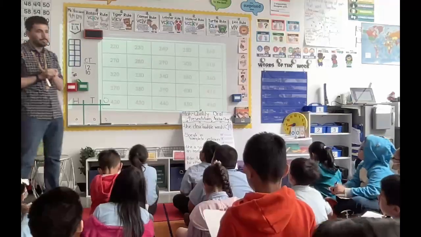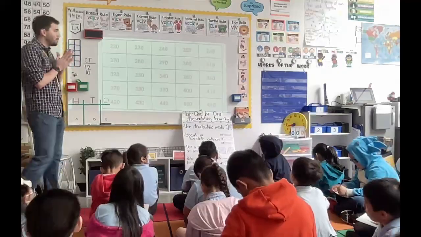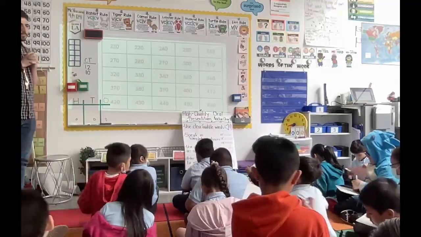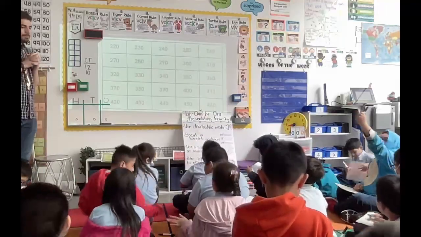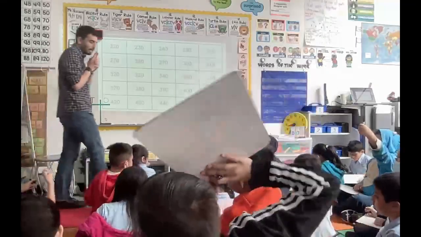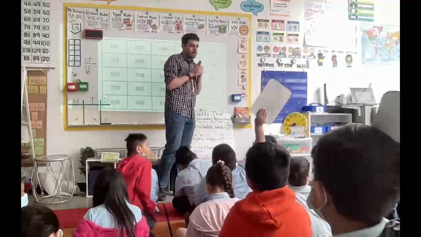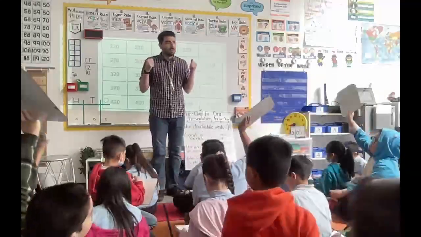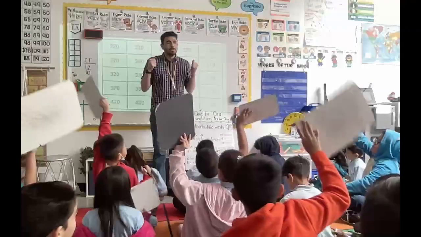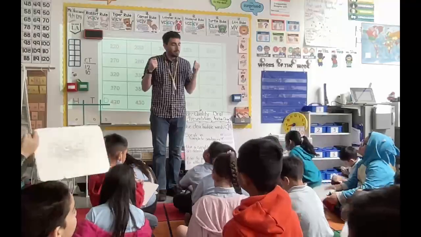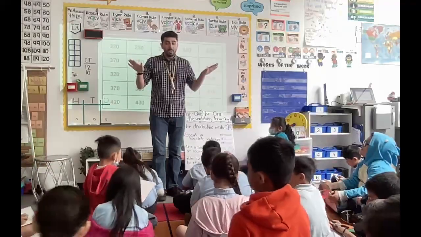Erase. I'm thinking of a number that's on the board that has 30 tens. Which number on the board has 30 tens? We just did that one. No. Keep it to yourself. Show me your whiteboards in 3, 2, 1, show me. Ooh, what number is that? 300.